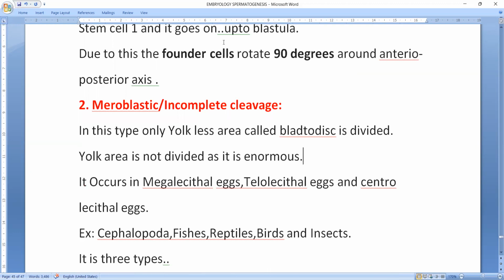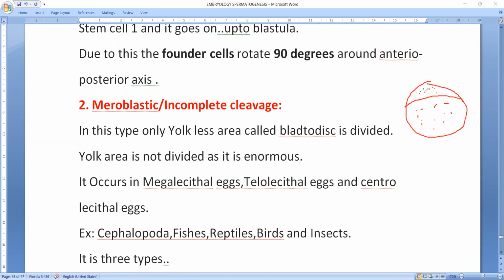Here, once again, I'll explain. If it is an egg, generally in megalethal eggs, the yolk substance is restricted to the animal pole, and a very, very small amount of cytoplasm is present in the proximal region.